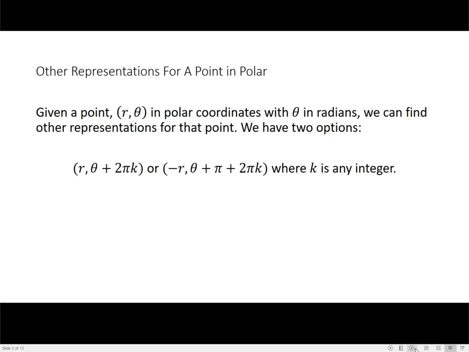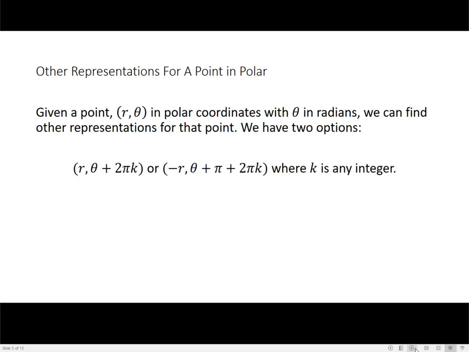If we want to alter our point a little bit, we can find another representation either with r staying the same, and we can change the angle by using theta plus 2 pi k, or we can change the sign of r to negative r, and then we also change our angle to theta plus pi plus 2 pi k.